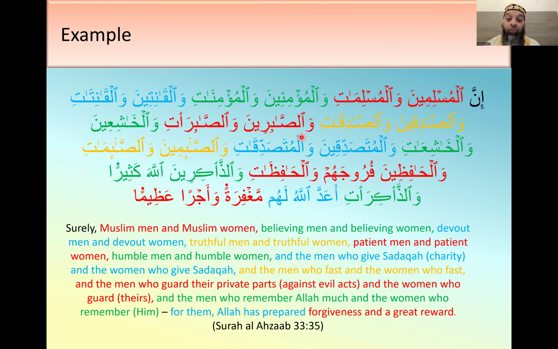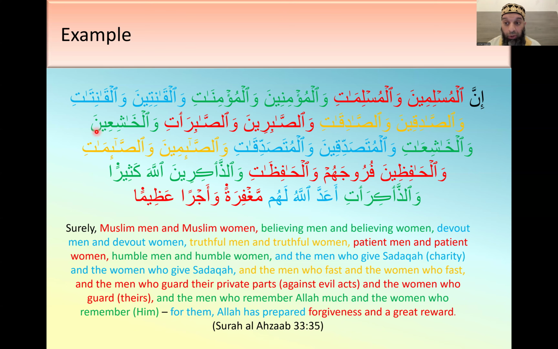Carry on. Was-sabirina, and those who do sabr, the men, the patient men. Was-sabirati, and the patient women. Wal-khashi'ina, those who have khushu, those who are humble from the men. Ina, not wal-khashi', it's wal-khashi'ina.